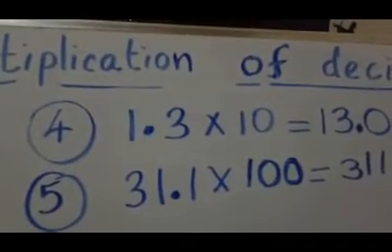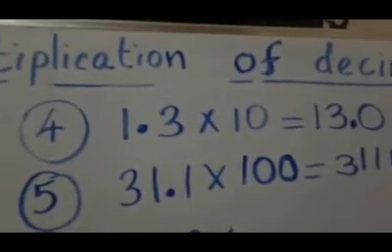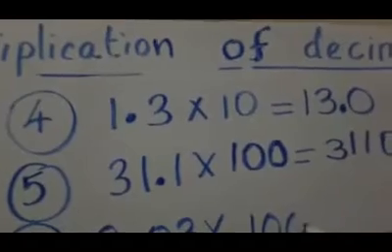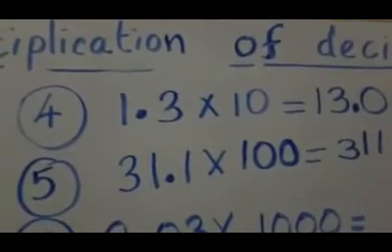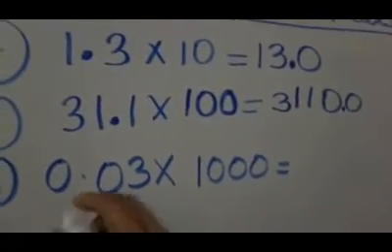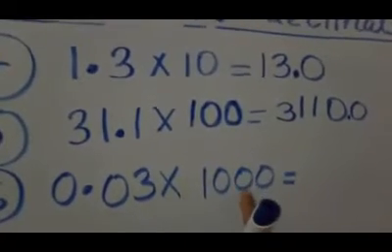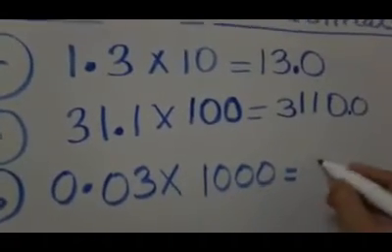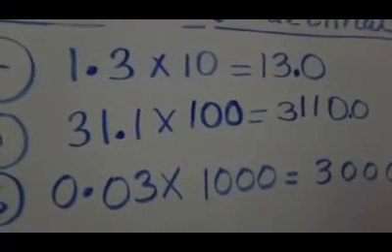The next one, 0.03 multiplied by 1000. If I want to multiply this type of number, what do I do? The first thing, I am going to ignore the decimal and take the number 3 multiplied by 1000. What is 3 multiplied by 1000? 3 followed by how many zeros? 3 zeros. 3000.